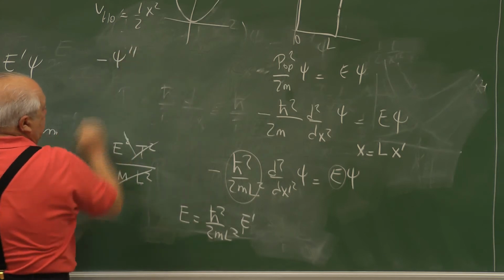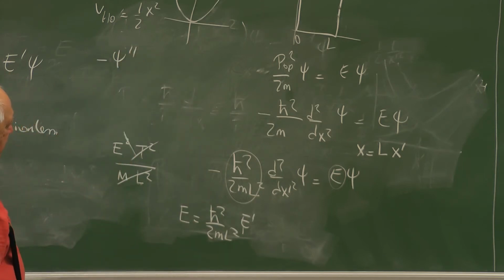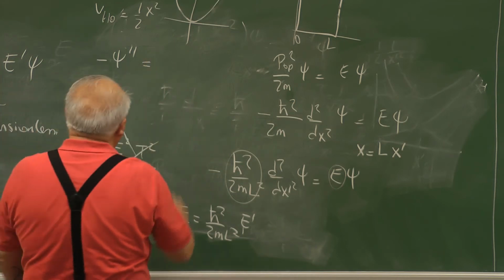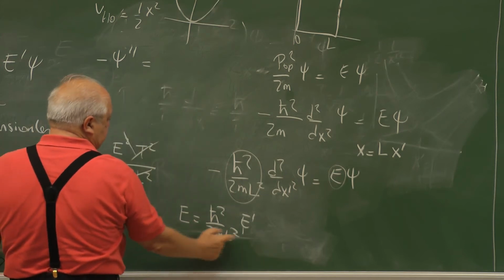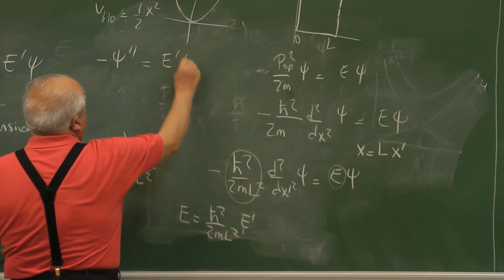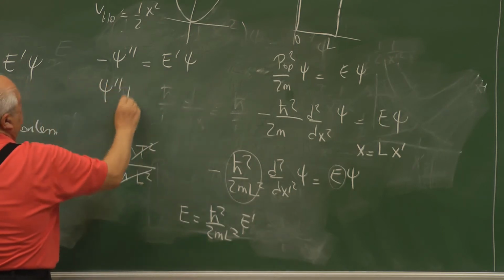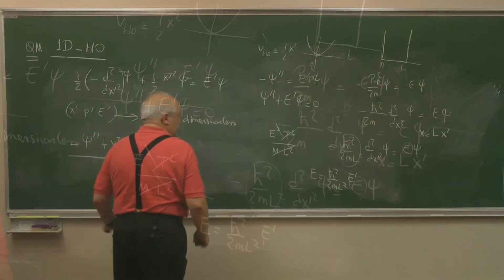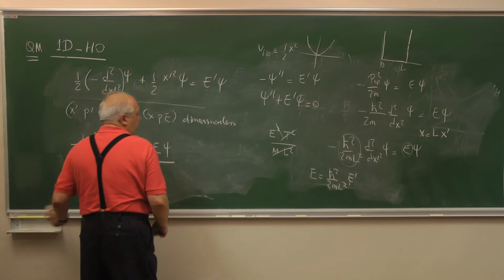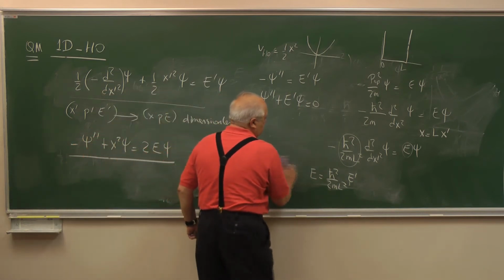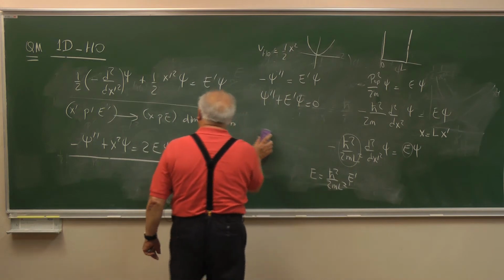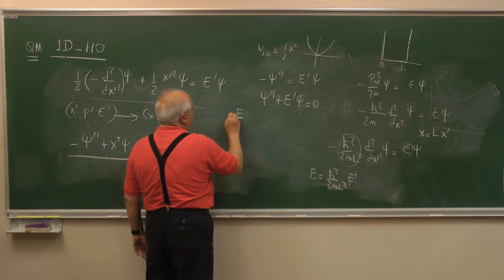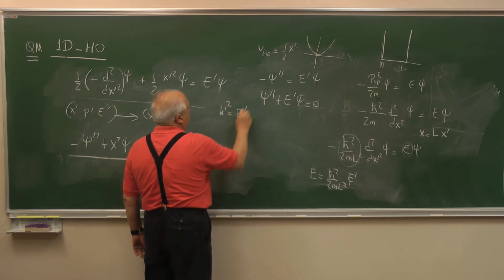So minus psi double prime is equal to E prime psi, the dimensionless E prime, or psi double prime plus E prime psi is equal to 0. Let's make one more definition. Let us define k prime squared equal to E prime.